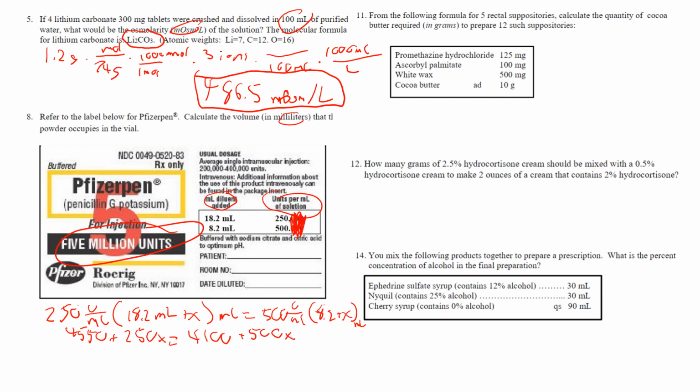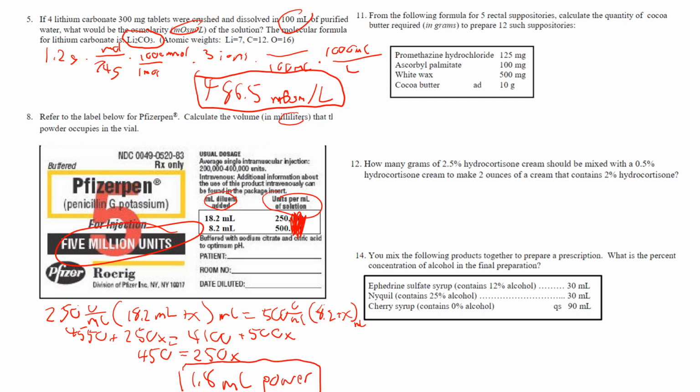If we move terms to isolate x, we get 450 is equal to 250x. That's just simple subtraction, cleaning up the equation. So now all we can do is divide 450 by 250. We get that x takes up 1.8 milliliters in the vial. So that's 1.8 milliliters of powder.